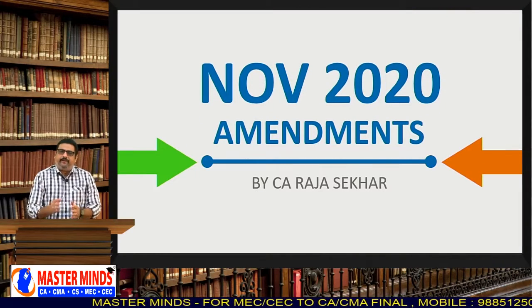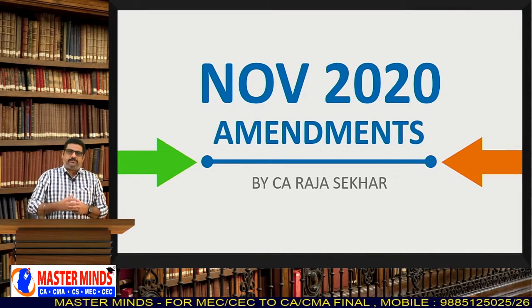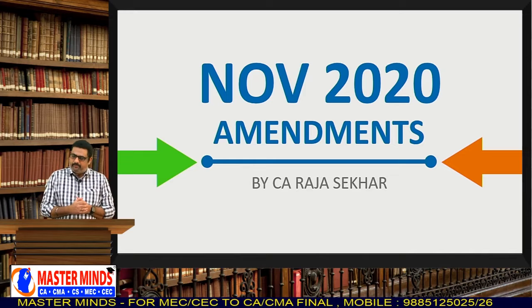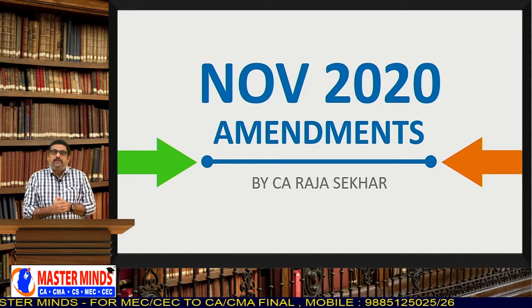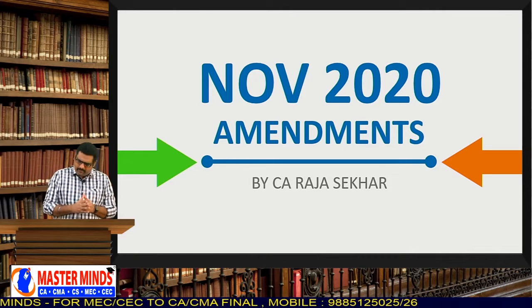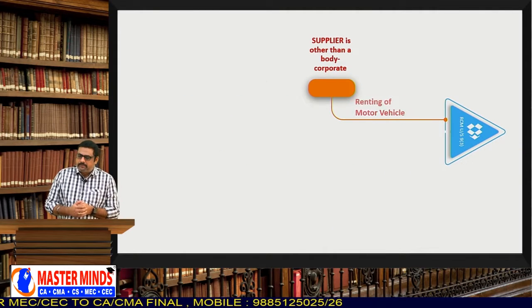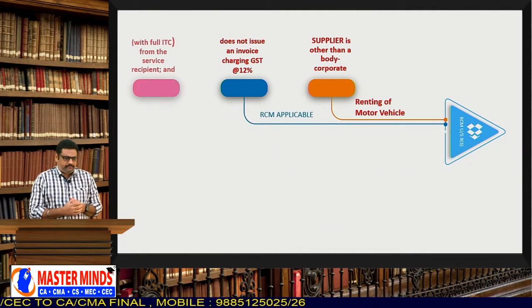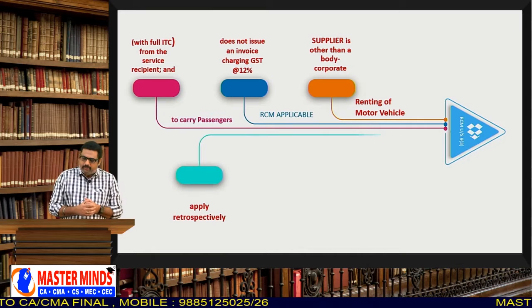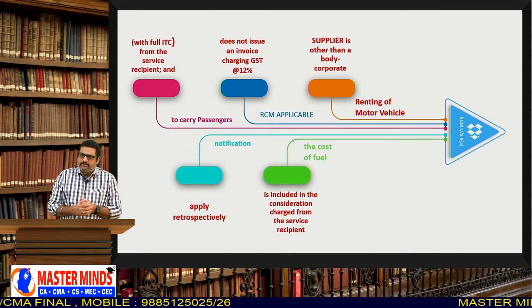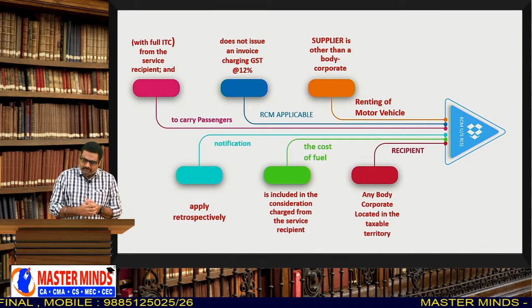These are the amendments we're going to discuss in this session, the November 2020 amendments with respect to GST. Here the first amendment is with respect to renting of motor vehicles.